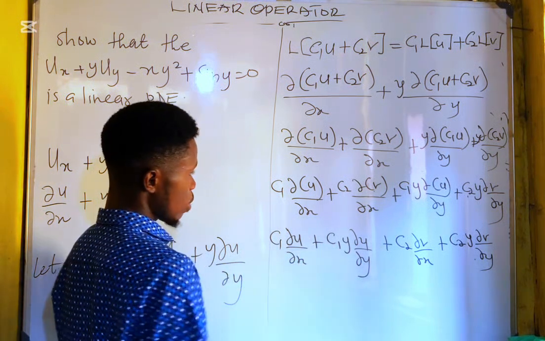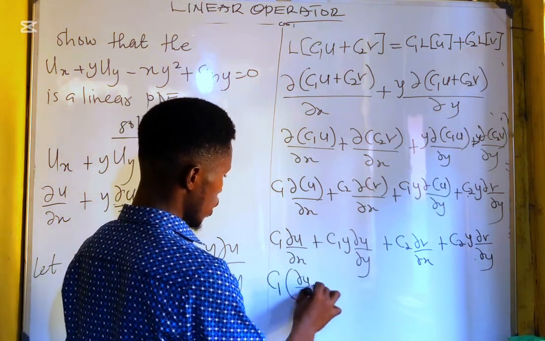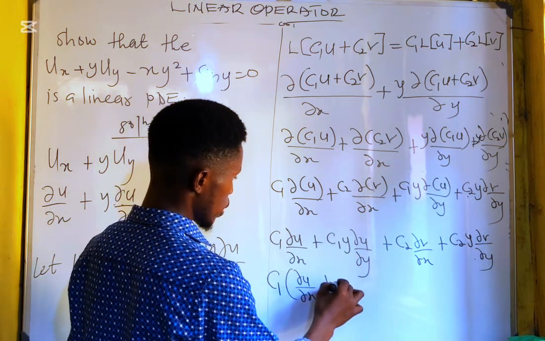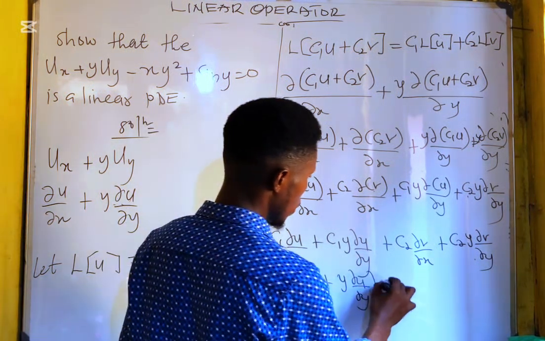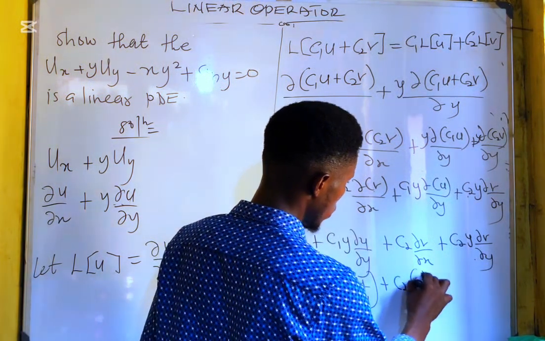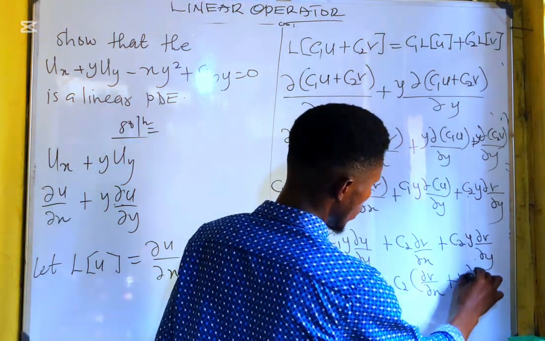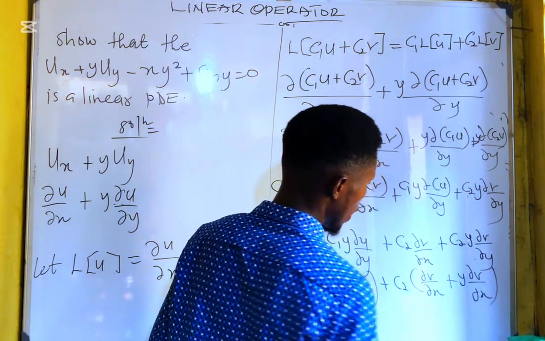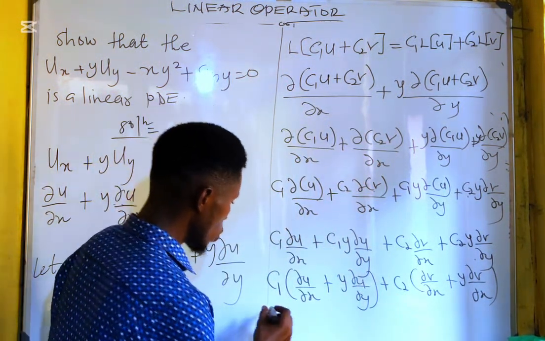Now C1 and C1 are common, so I'll bring it out, leaving delta U over delta x plus y delta U over delta y, plus C2 out, delta V over delta x plus y delta V over delta y. So this is what we have. So C1.